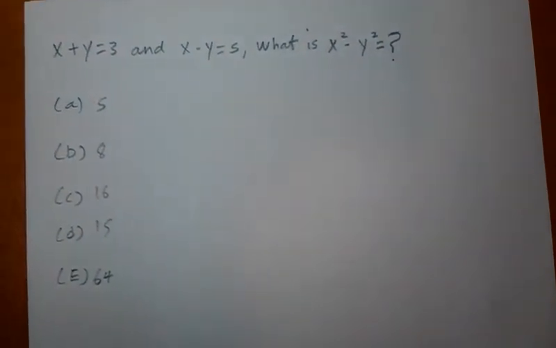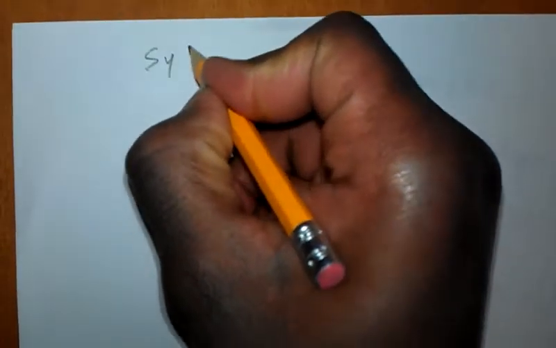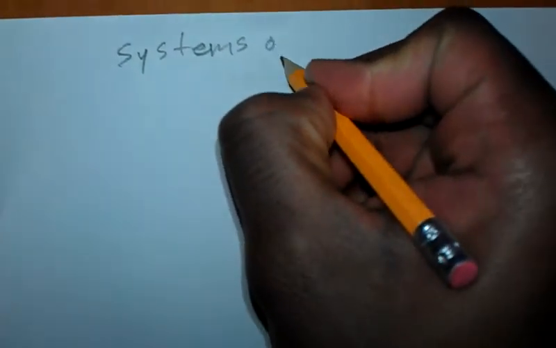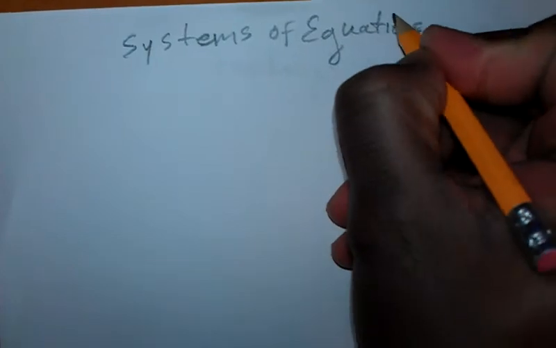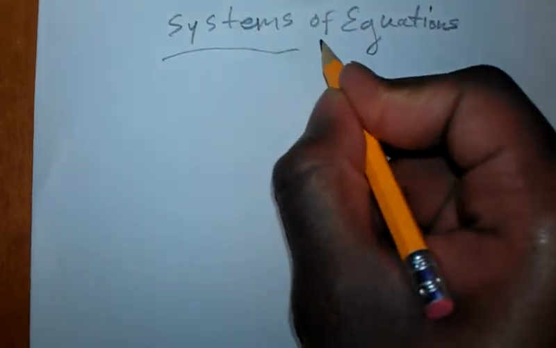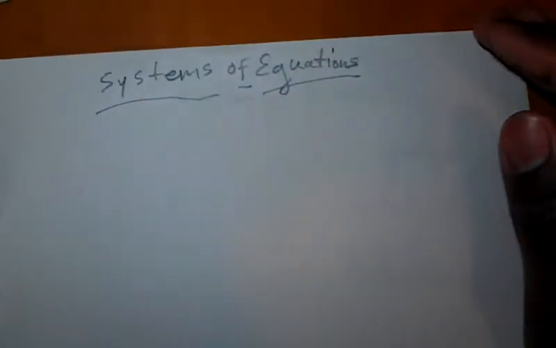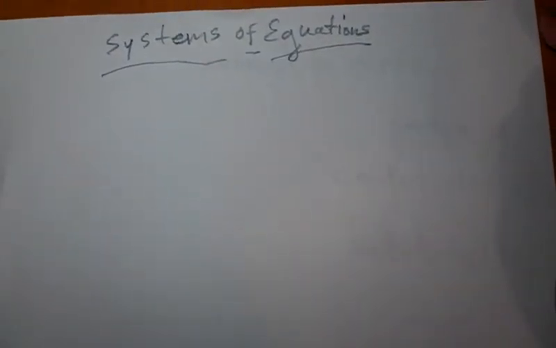Now, when I see equations like this, x plus y is equal to 3 and x minus y is equal to 5, I know how to figure out x and y through 3 methods. In algebra, we have something called systems of equations. Let me write that down. Systems of equations are used to find the values of missing variables.